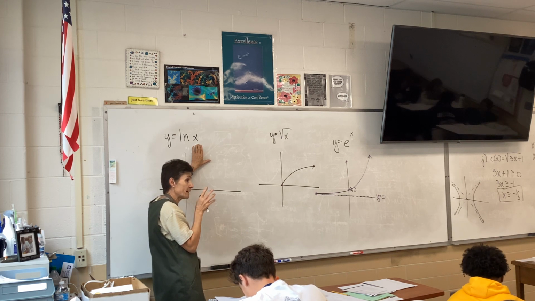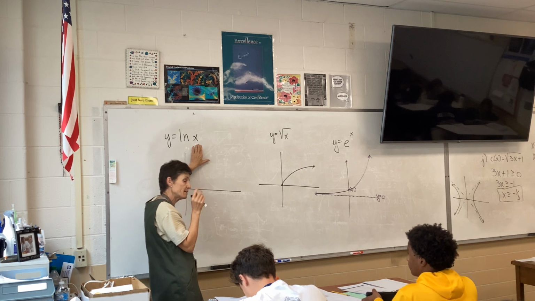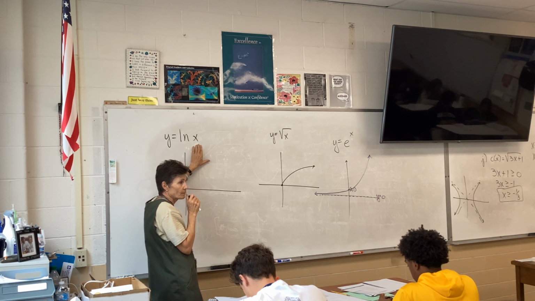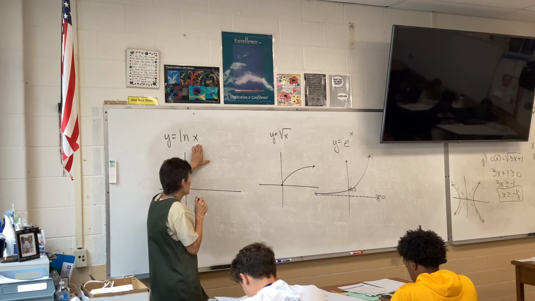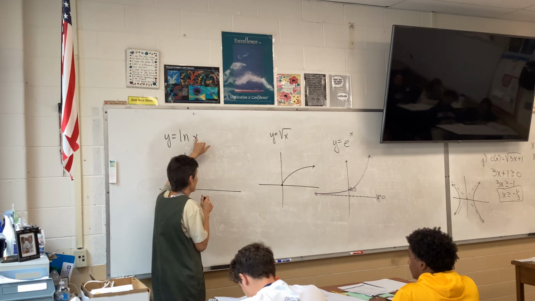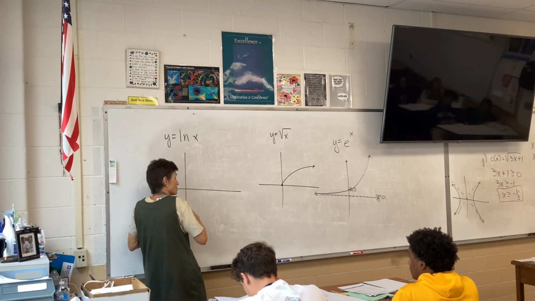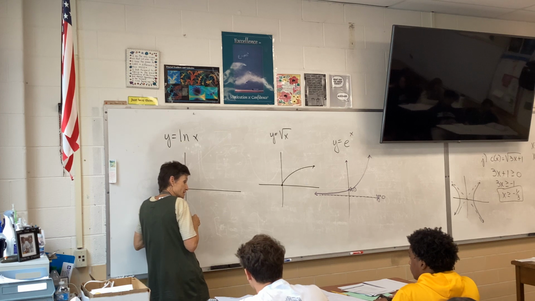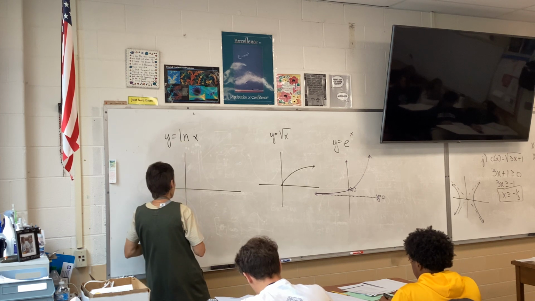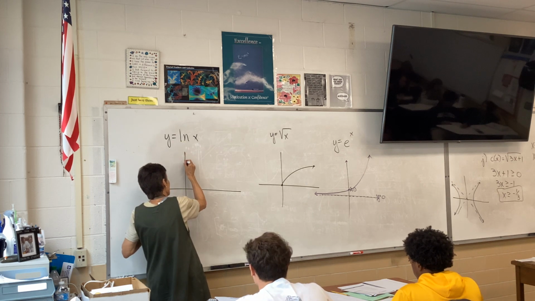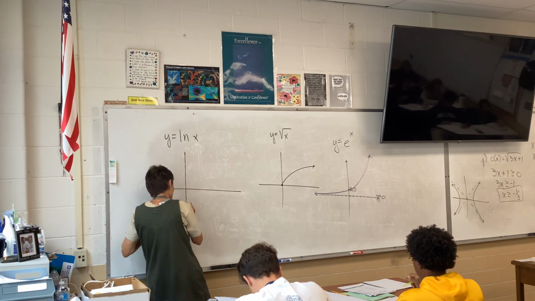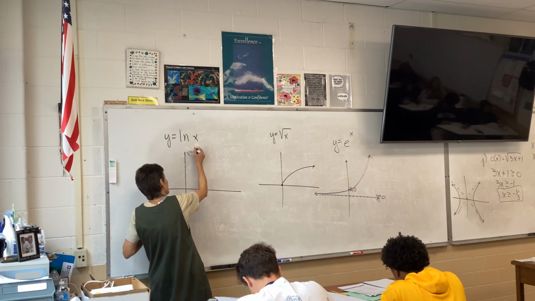Try log -2 or ln -2. I can't do that either. When you take the logarithm of something, that something must be bigger than 0. So I have a vertical asymptote at x equals 0.